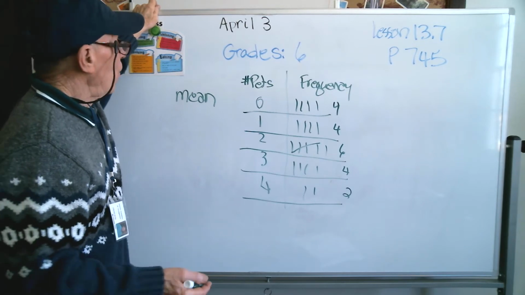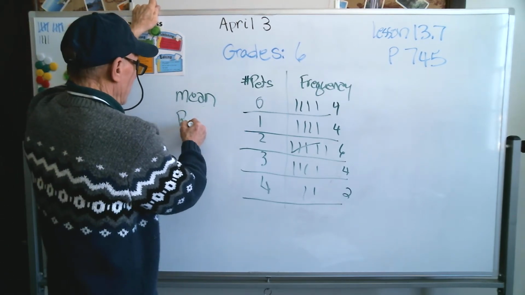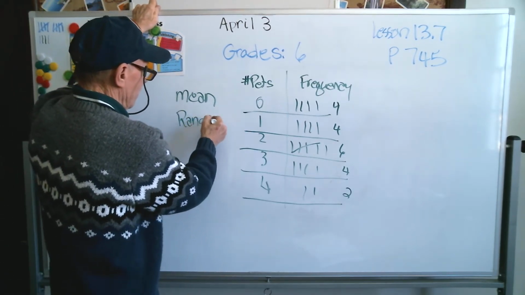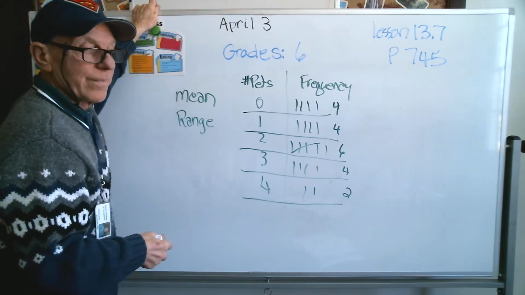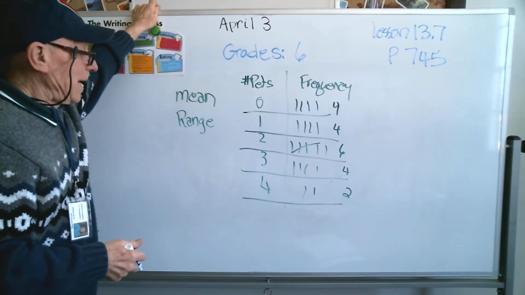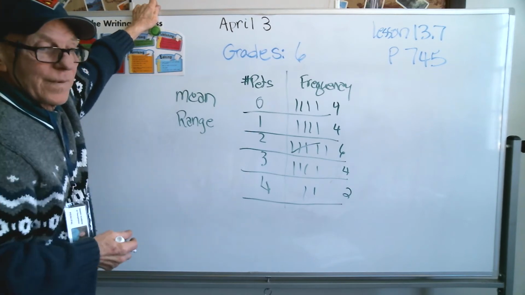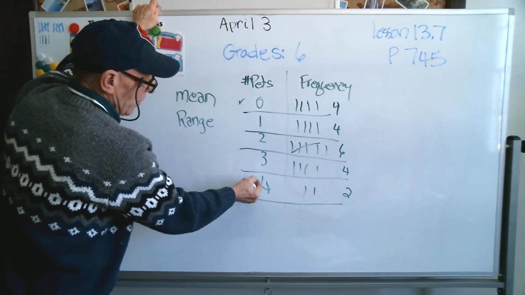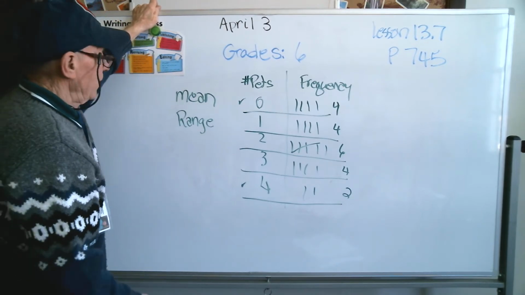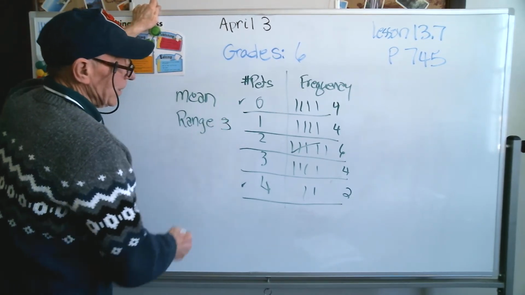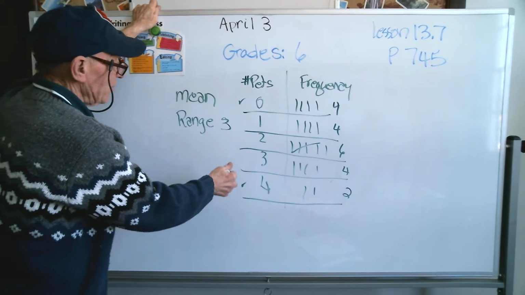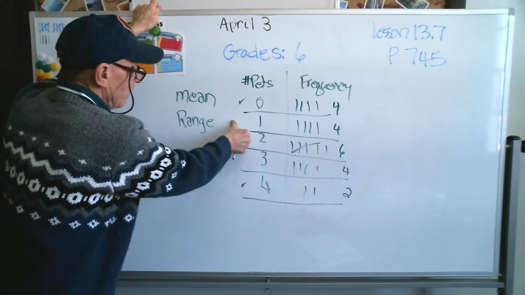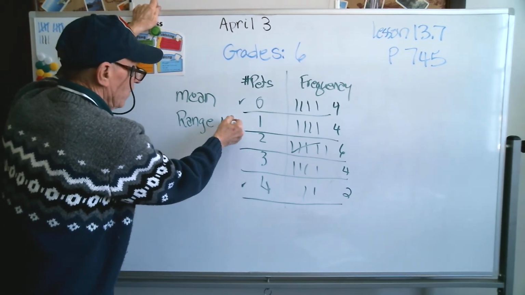that any one of these students might have? You might want to know what the range is. What would be the range between the lowest point and the highest point? So the range would be 4, wouldn't it? 4 minus 0 is 4.